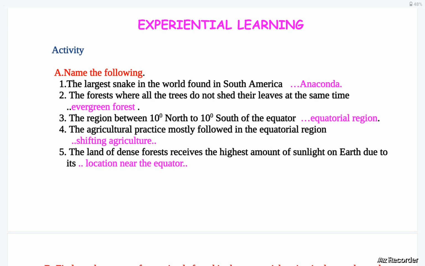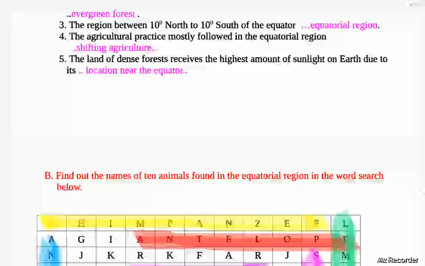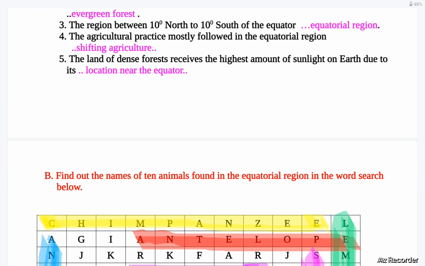Fourth question is, the agriculture practice mostly followed in the equatorial region. The answer is shifting agriculture. The fifth question is, the land of dense forests receive the highest amount of sunlight on earth due to its. The answer is location near the equator.